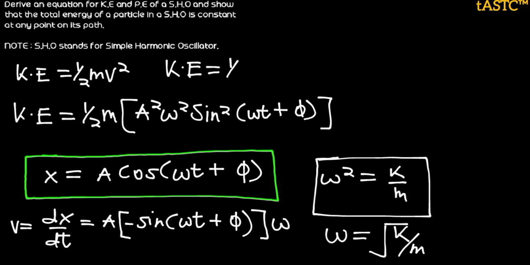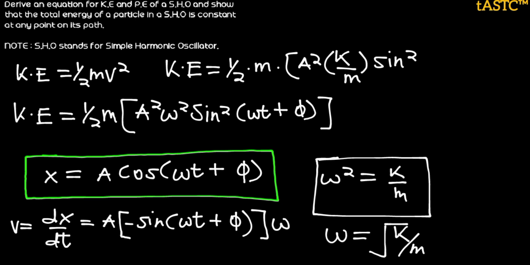So the kinetic energy will be 1 over 2 multiplied by mass multiplied by A squared. That will be multiplied by k divided by m. This will be multiplied by sine squared of omega t plus phi. So this is what you have.